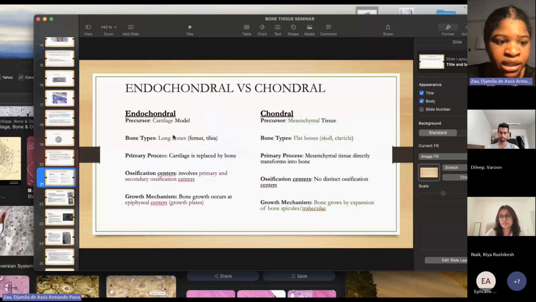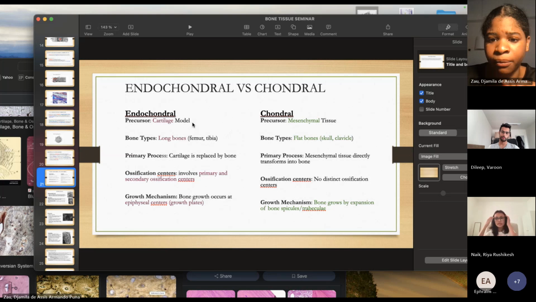And lastly, I made this really quick table for the difference between endochondral and intramembranous ossification.